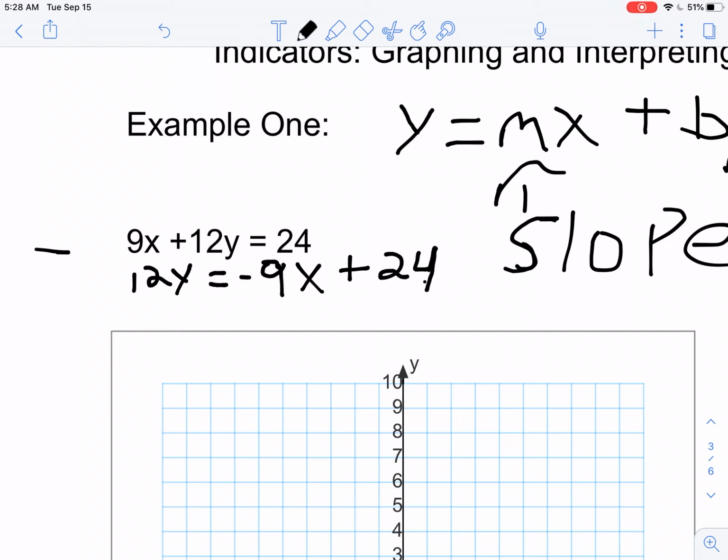Then from here, we still need to get y by itself, so we're going to have to divide everything by 12.